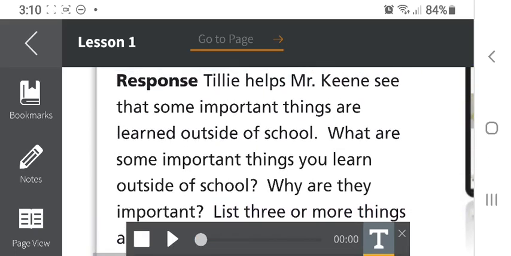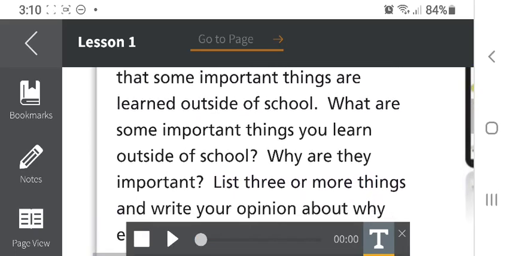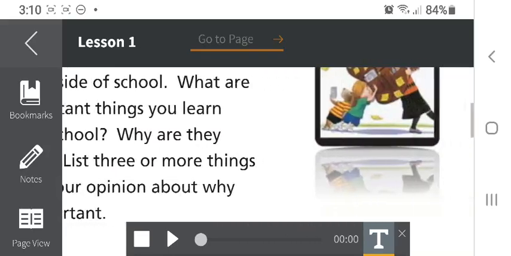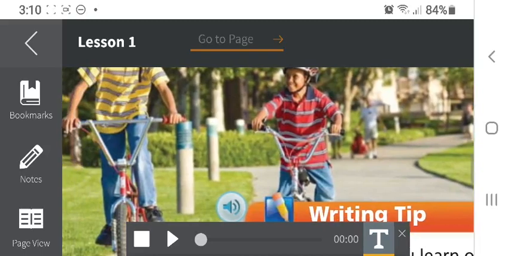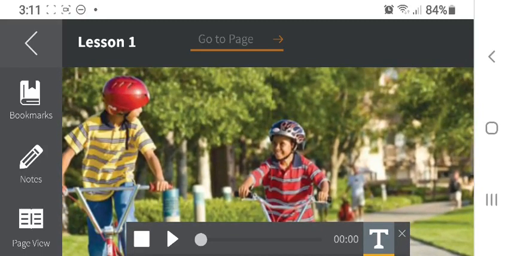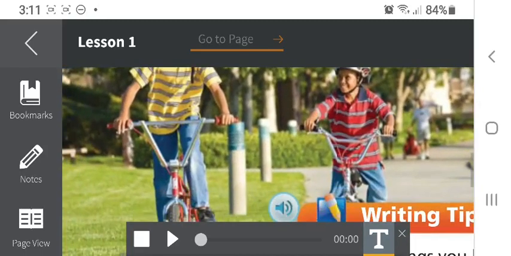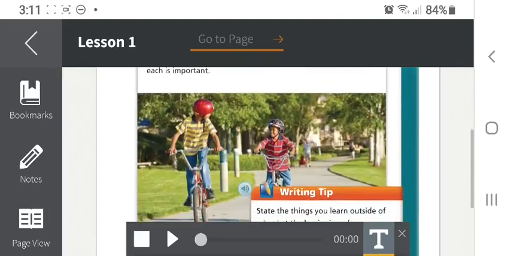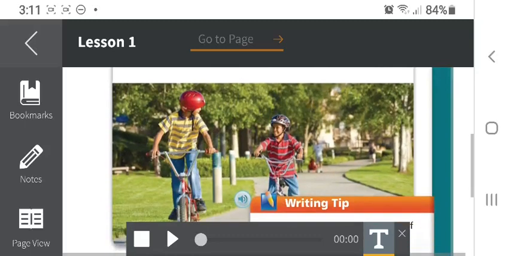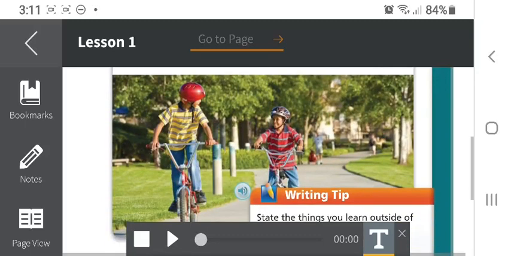Okay, so I think that some important things we can learn outside of the school are like how to ride a bike, because we can use the bike to go to school and other places. We can learn how to brush our teeth inside our houses, and our parents can teach us how to brush our teeth, of course, to keep our teeth healthy and strong and undamaged.